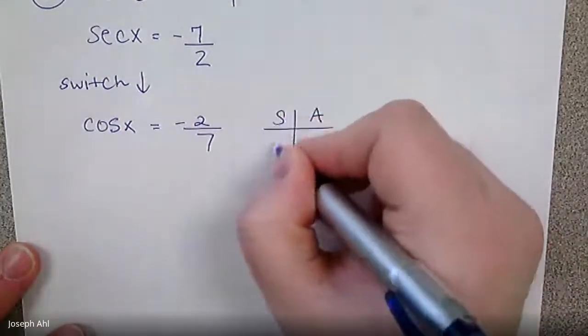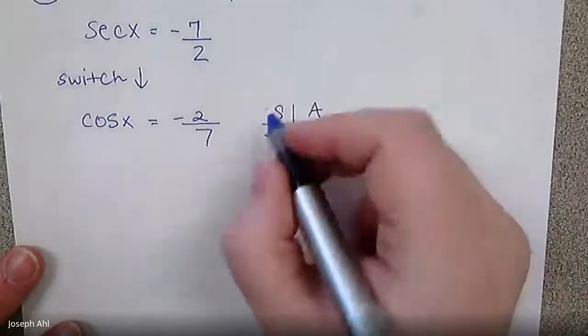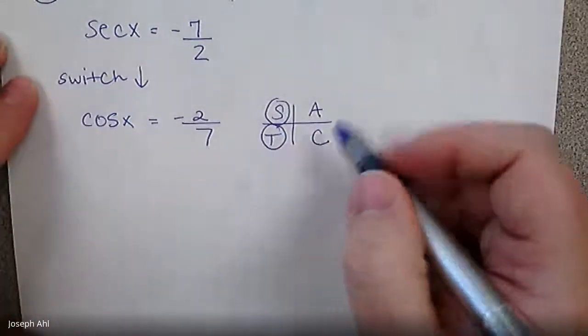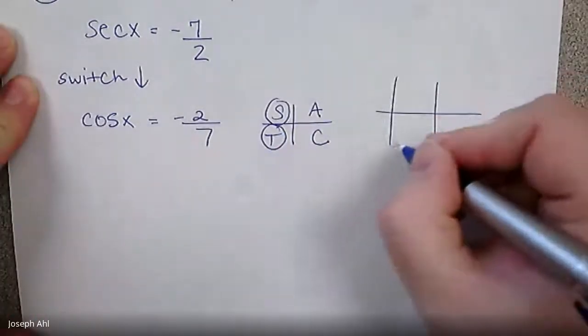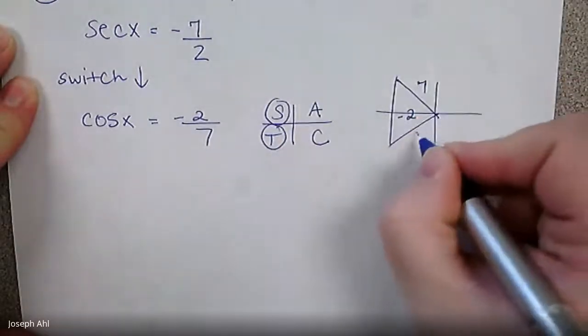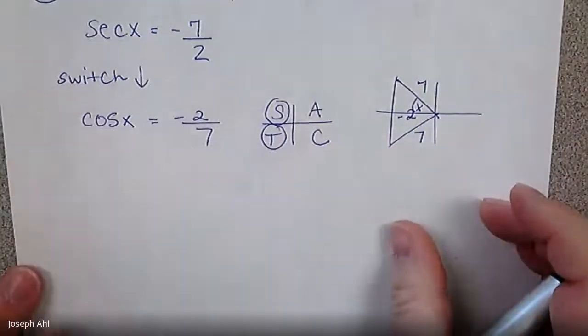So all-star trig class would tell me that cosine is negative in quadrants 2 and 3, because cosine's positive in these quadrants. All right, so here we go. We need the left side of the bow tie this time. Adjacent is -2. Hypotenuse is 7. I want to find that reference angle, x, right there.